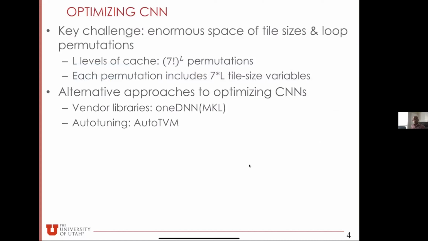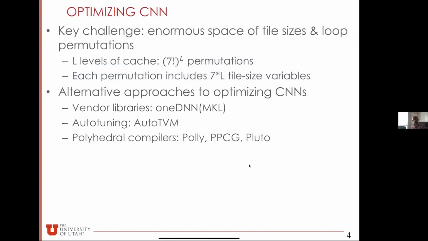Then we have systems like AutoTVM that have a schema provided with a set of tunable parameters, which can be tile sizes, also possibly some permutations. And there is an auto-tuning search process that generates a large number of versions, actually executes them on the target platform, and then identifies the best amongst those.